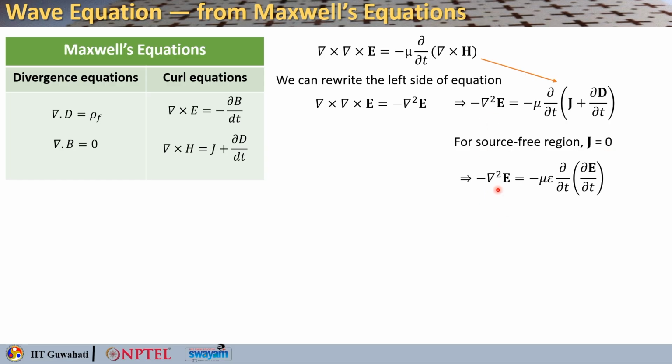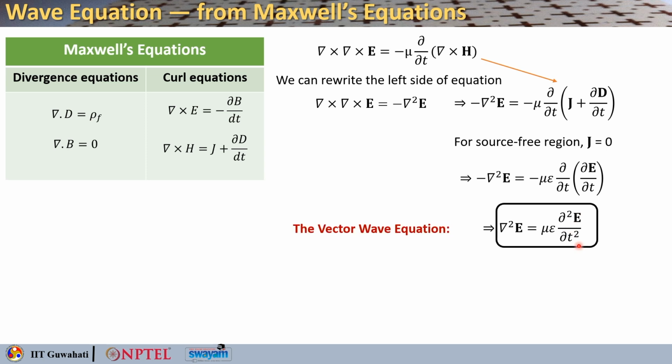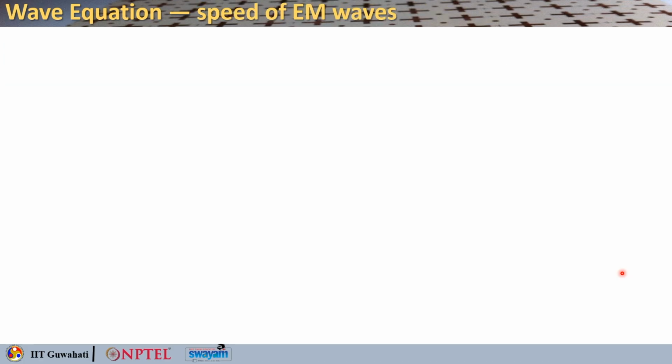So, you have minus del square E equals minus mu, and D can be written as epsilon E. So, you have epsilon outside, which is nothing but the second partial derivative of E with respect to t. Okay. So, this is how you get it. So, del square E is basically mu epsilon dou square E by dou t square. Fine. So, this is the vector wave equation.